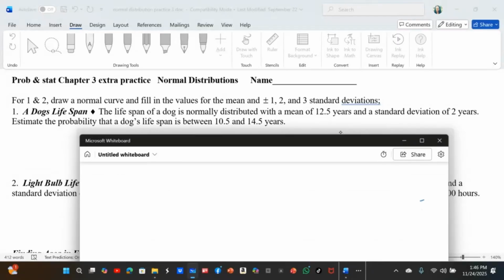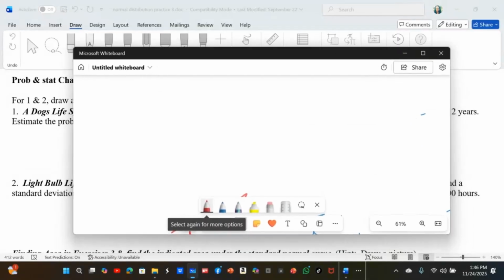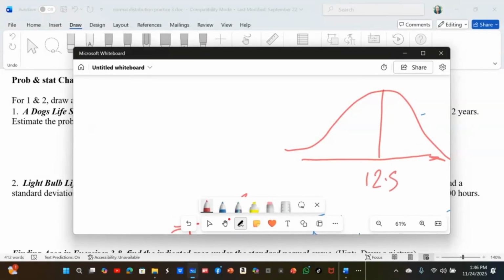Okay, so we are given the information, but we are also told to draw two kinds of normal curve. The first kind is with the raw score. Normal curve with a raw score, the mean is 12.5. Then I put in one standard deviation above the mean.